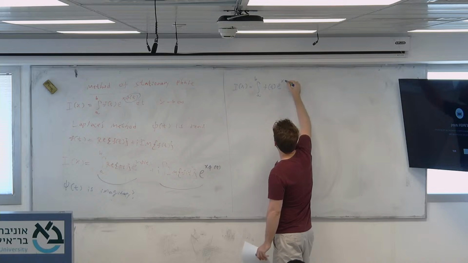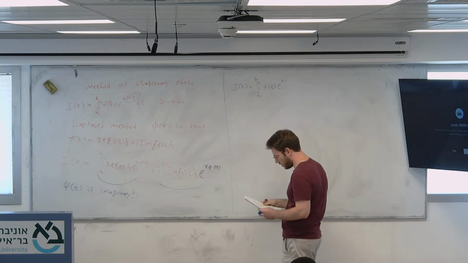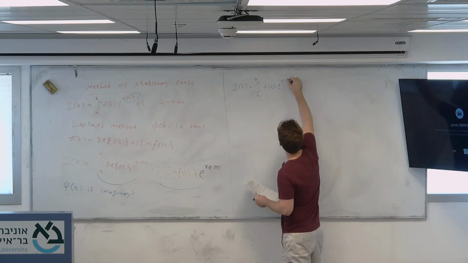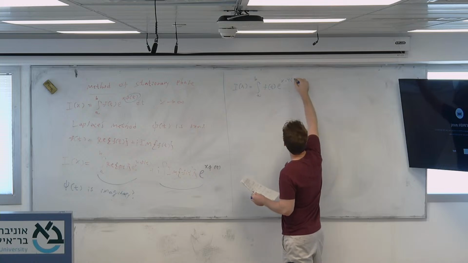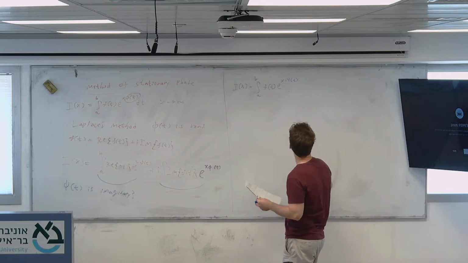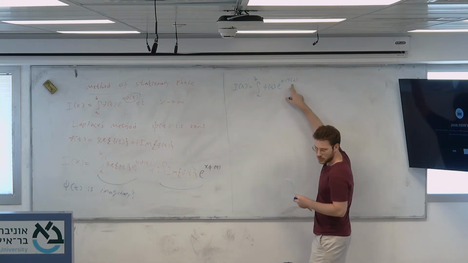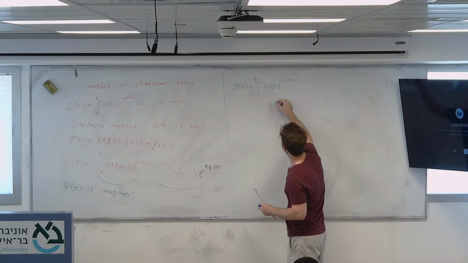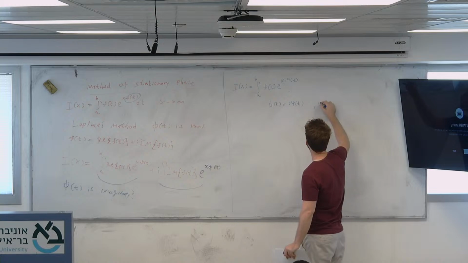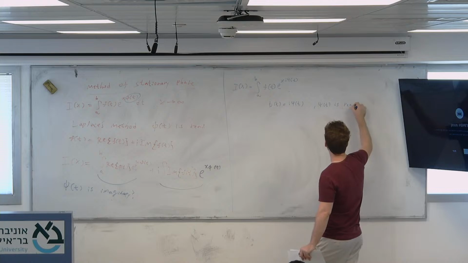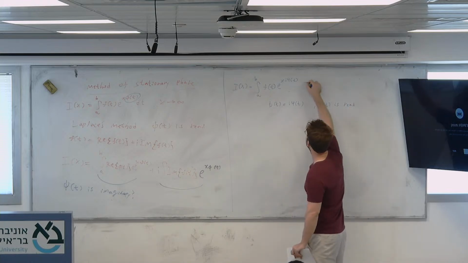So let's consider that, which letter did I call this? This is psi. Okay, so let's say that phi of t is i psi of t, and psi of t is real, okay? So this is called the Fourier integral.